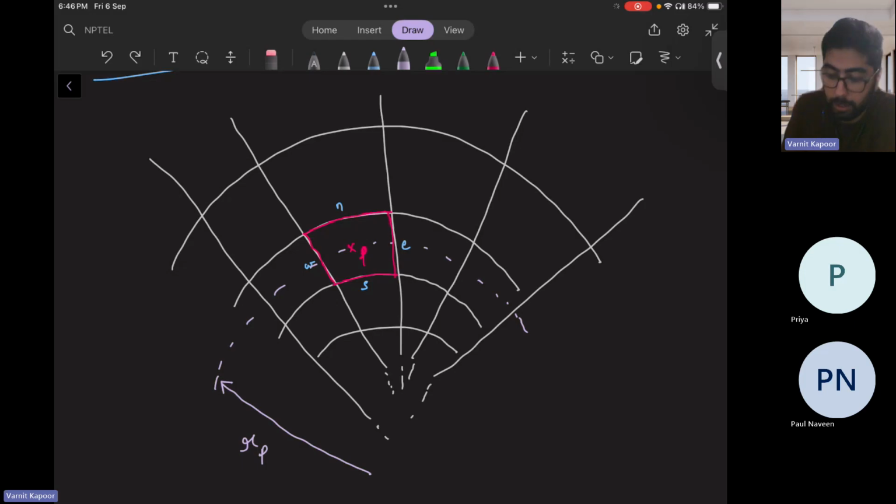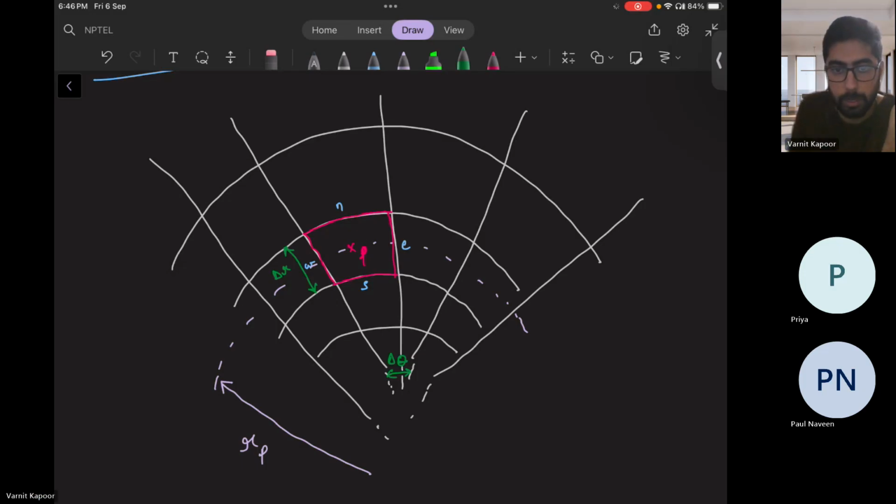And the width of this is how much? It is nothing but del r. This complete angle is del theta.